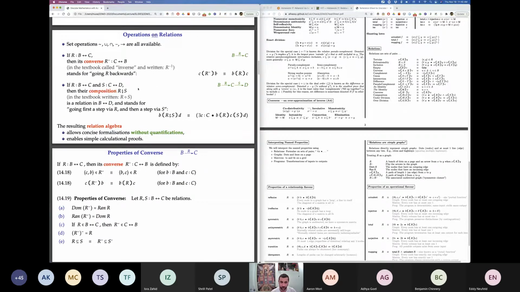Another feature for relations is composition. If you think of a relation as a graph, then doing the relation once is taking a single edge. Doing a composition means taking multiple edges. So R is one edge, R composed with R is two edges, R composed with R composed with R is three edges.